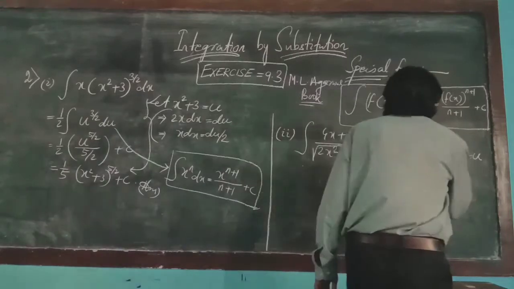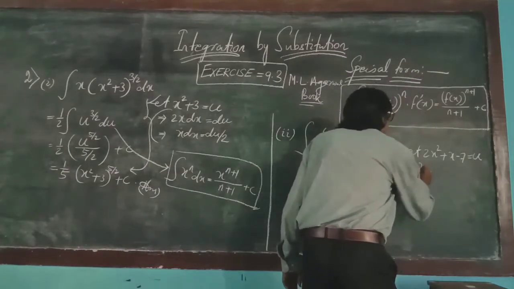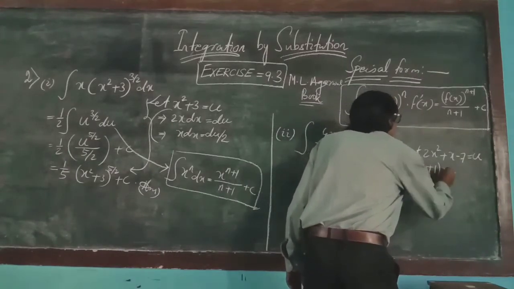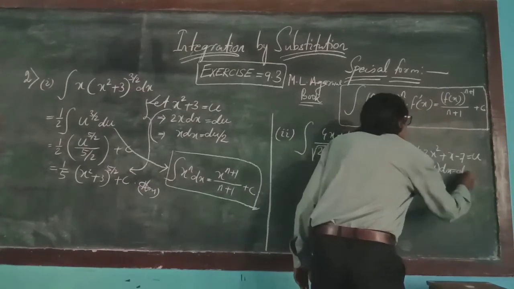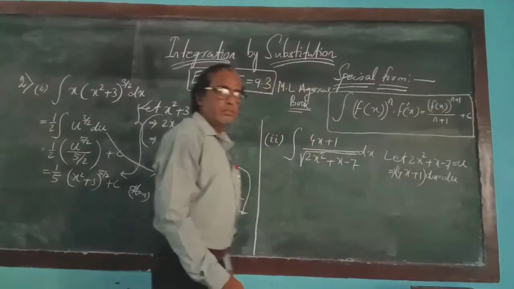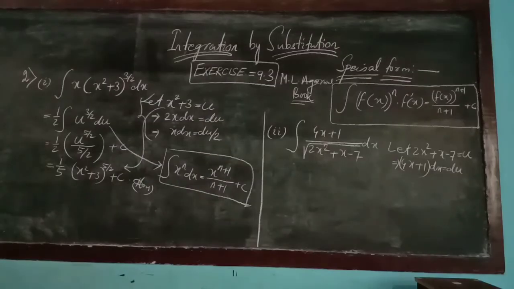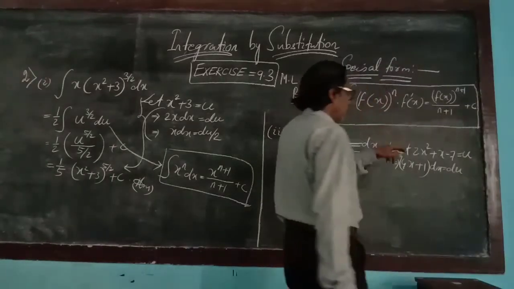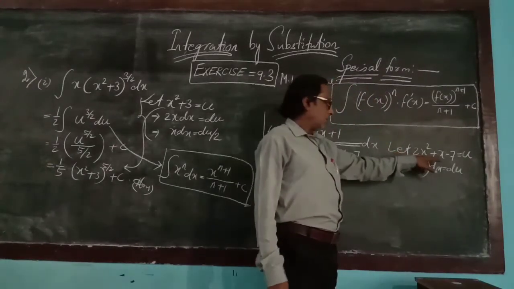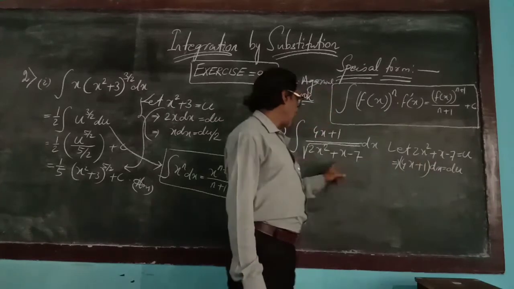Then differentiating both sides, it will be 4x plus 1 dx and du. Just see, I have taken 2x square plus x minus 7 as u.